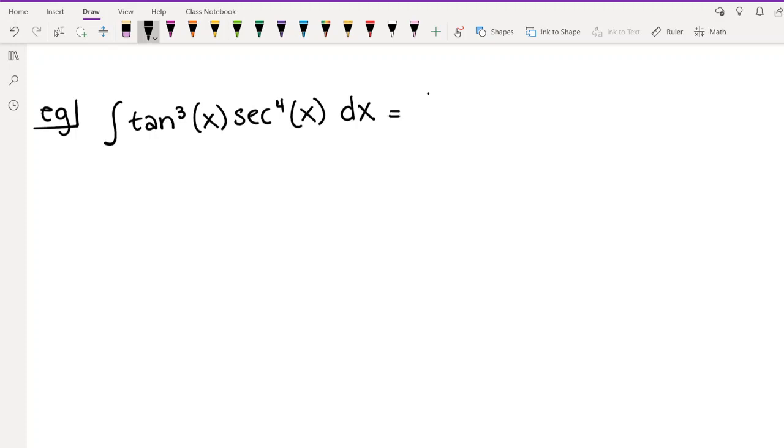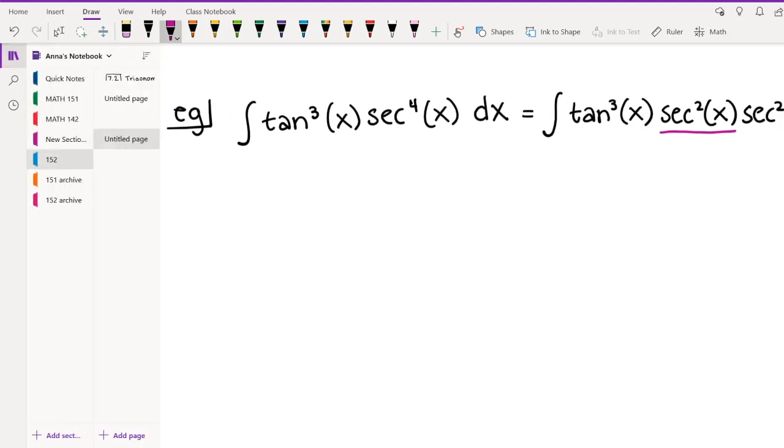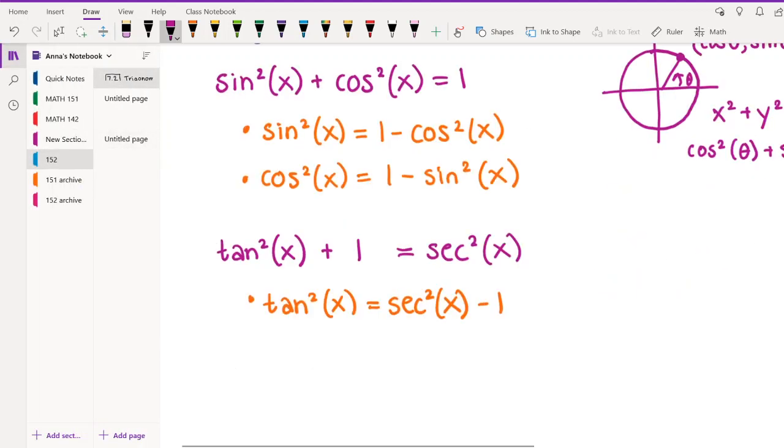So we can rewrite this as the integral of tangent cubed of x times secant squared of x times secant squared of x dx. And so then one of these secant squareds, that's where we want to go and use the identity, right? Our identity for tangent and secant says that secant squared is equal to 1 plus tangent squared.